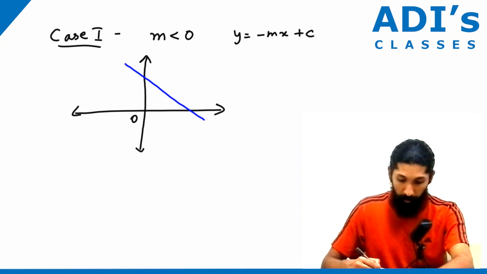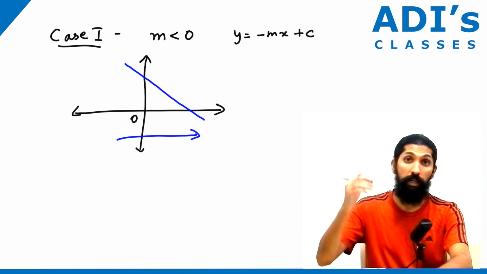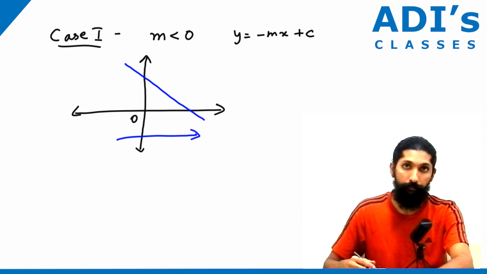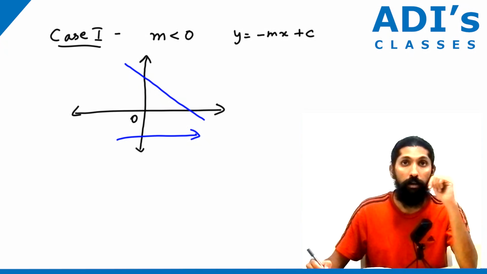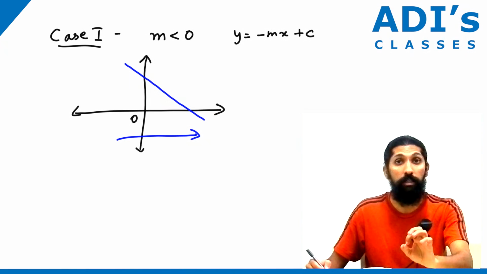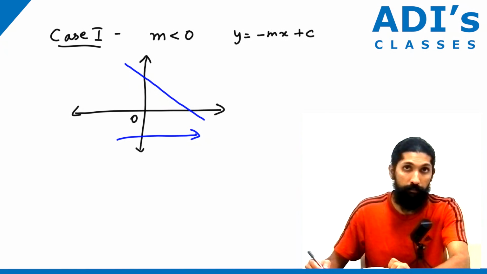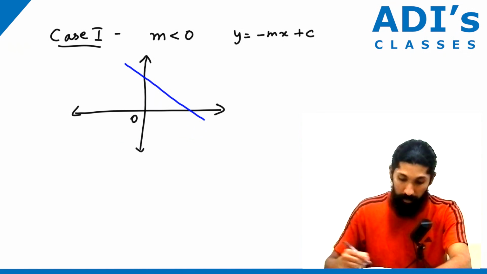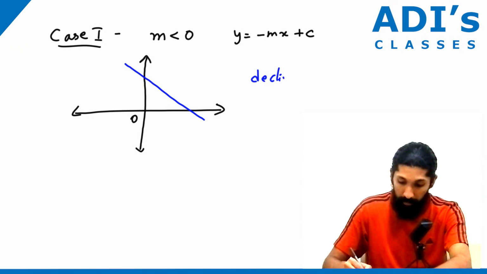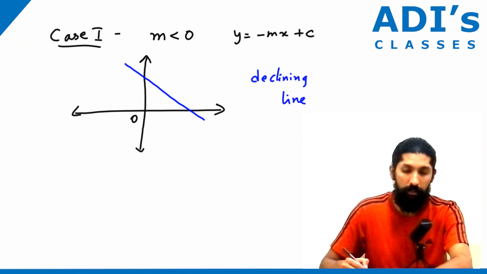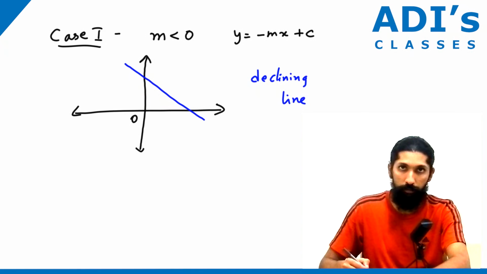That means if you look from left to right like this, the line keeps on decreasing. So whenever there is a decrease in the line, then we say that it's a negative slope line. So in this case, what we have is m is less than 0. So we can also call it a declining graph. Declining line, declining graph, you can call it whatever it is.